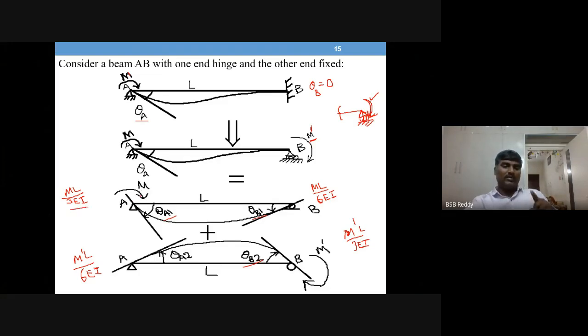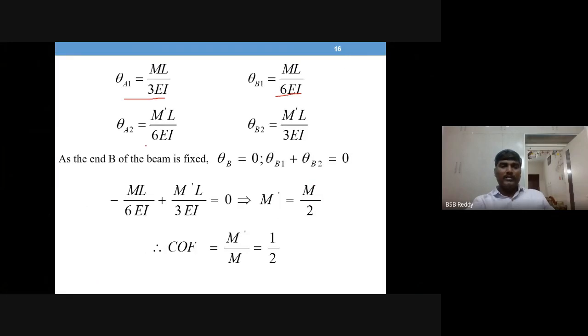Why you get the theta A value when M is applied, ML by 3EI, is derived by the conjugate beam method, I think, if you remember. Or else you can use any other method, area moment method or double integration, anything.